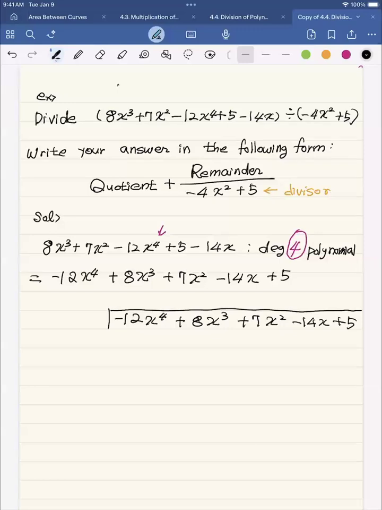And then it is divided by negative 4x squared plus 5. This is already in orderly manner, starting from degree 2, and then this is degree 0. So that becomes negative 4x squared plus 5.